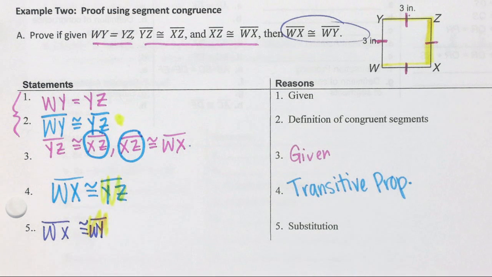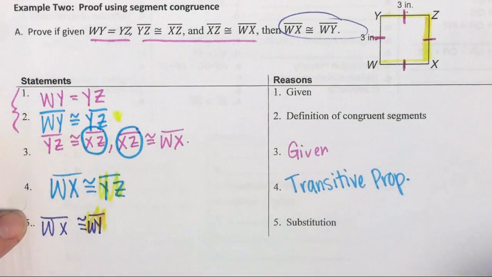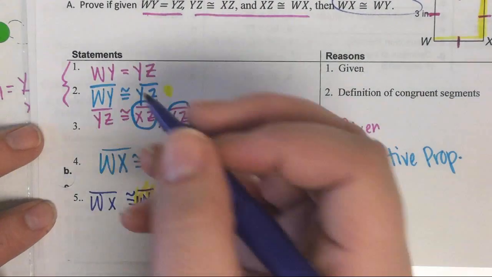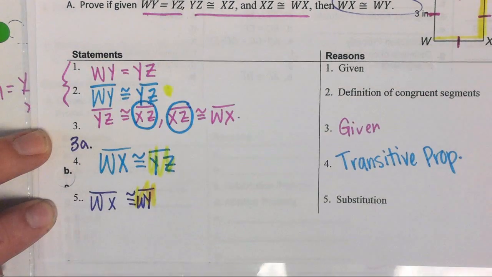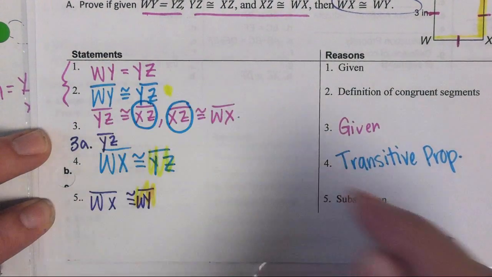Now, for those who are really trying to be overachievers, it is possible to add more steps to this proof. I went ahead and inverted it between line 3 and 4 to be WX on the left-hand side the way I want it. But if we wanted to add like a step 3a here, we could. YZ was on the left-hand side in my given.